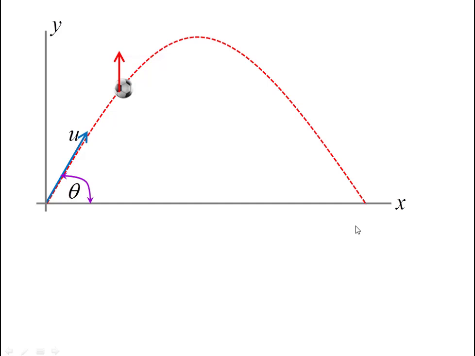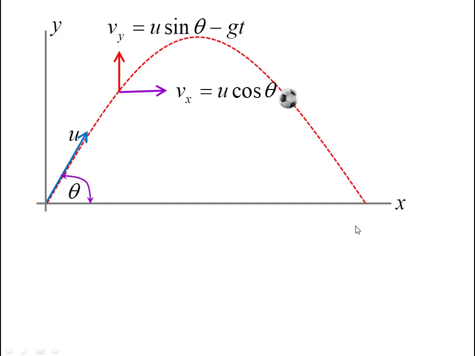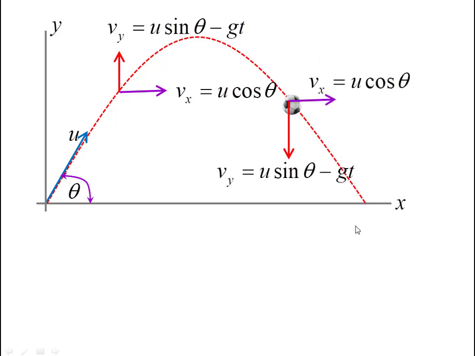As the ball arrives here, this is the x component of the velocity, and that is the y component of the velocity. You have to observe that the x component always has the same direction and the same magnitude, but the y component of the velocity at one time may be a little shorter.